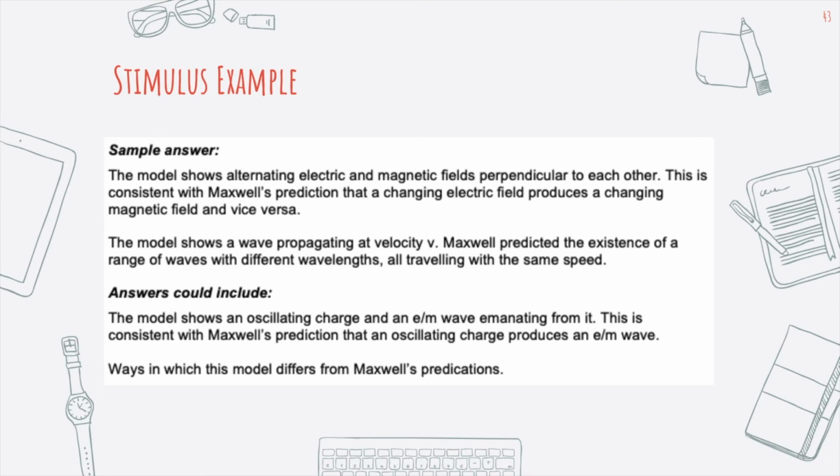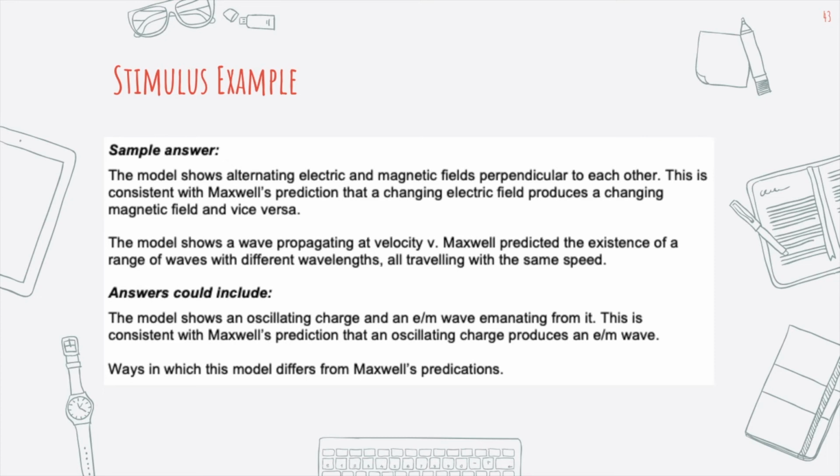Now you could also include the fact that the oscillating charge would result in an electromagnetic wave emanating from it, which is consistent with his prediction of the same nature. So we can see there are multiple features that we can talk about just based on that stimulus piece alone and relate those to the relevant syllabus outcomes.